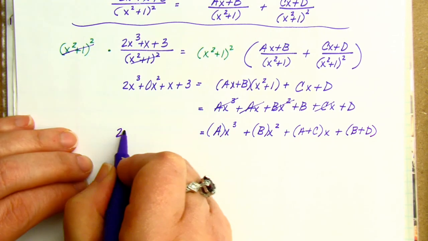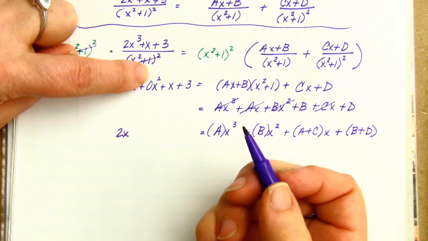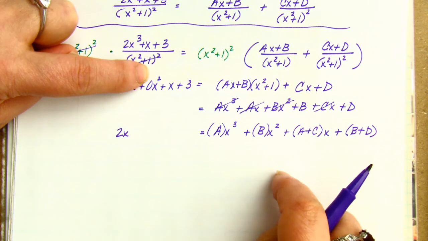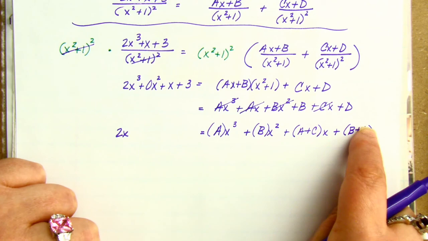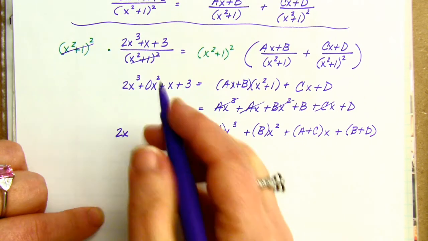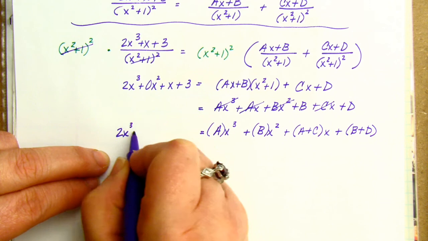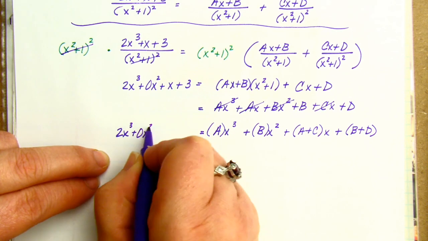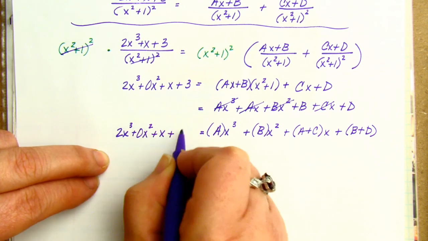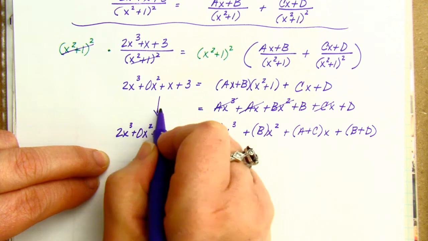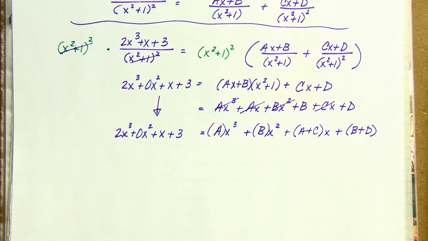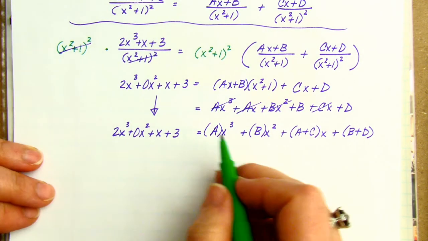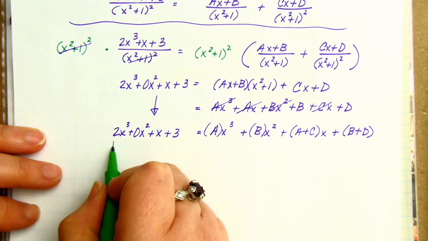All right, over here, if you didn't remember or know to put the 0 in there, you would have to put it here because I've got 1, 2, 3, 4 terms. So I need 4 terms over here. I caught it early on. All right. Now I'm ready to do my equating. 2x cubed equals ax cubed, so a must equal 2.